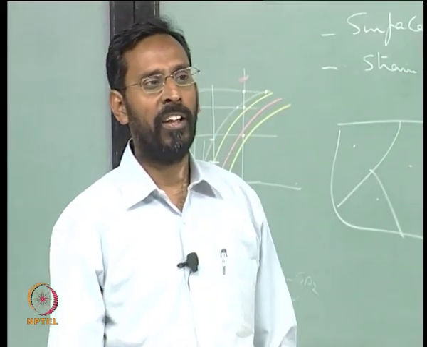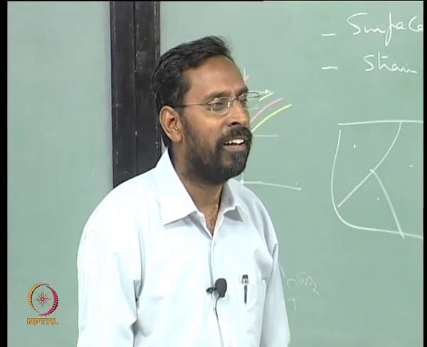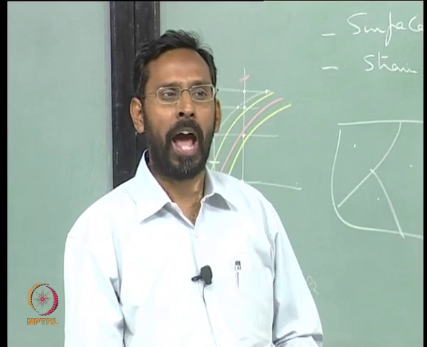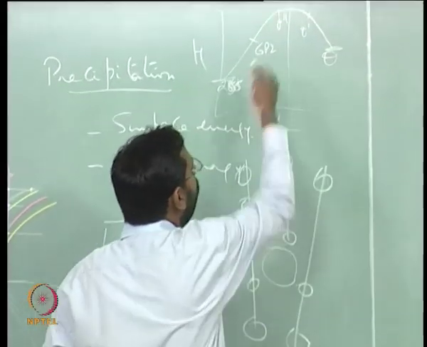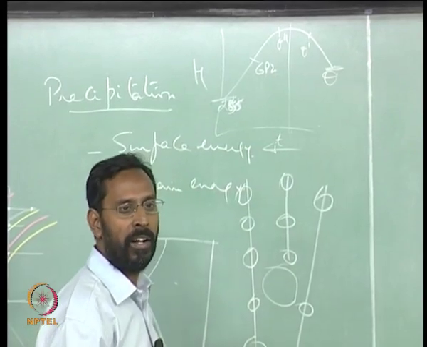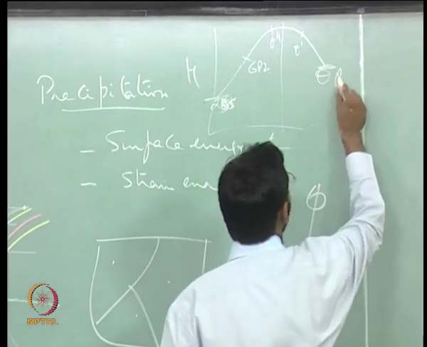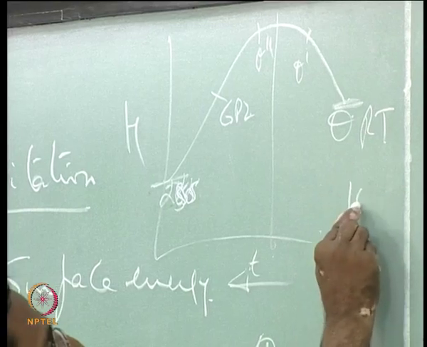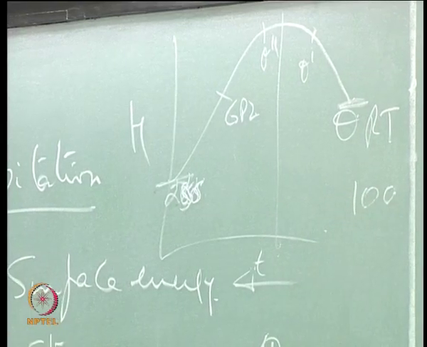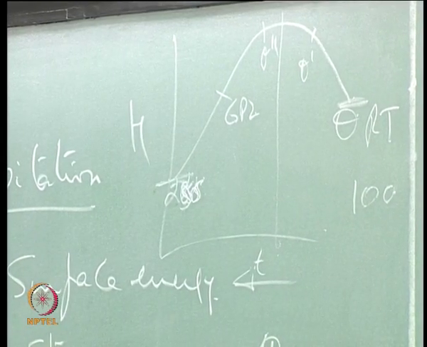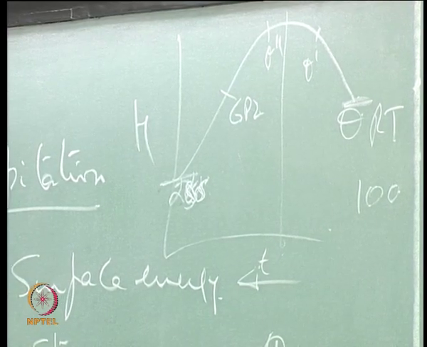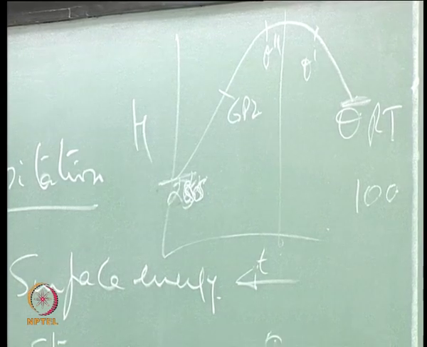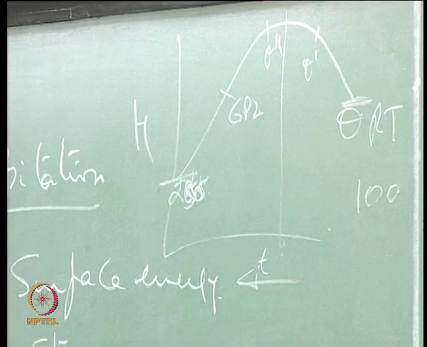Diffusion is faster, so the kinetics will be faster, the precipitation will happen in a shorter time. For example, if this is one of the age hardening curves, and if this is at room temperature, if I am doing it at, let us say, 100 degrees centigrade, how will the age hardening curve look like? It will happen in a short time. That means the peak is reached at a shorter time.